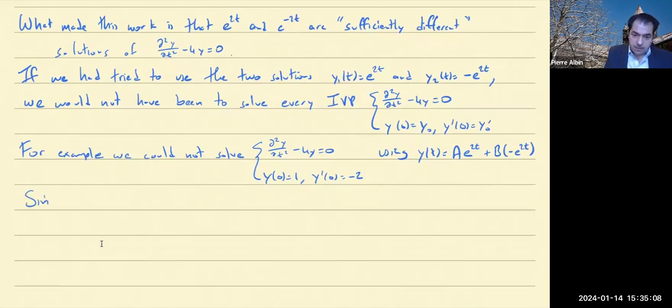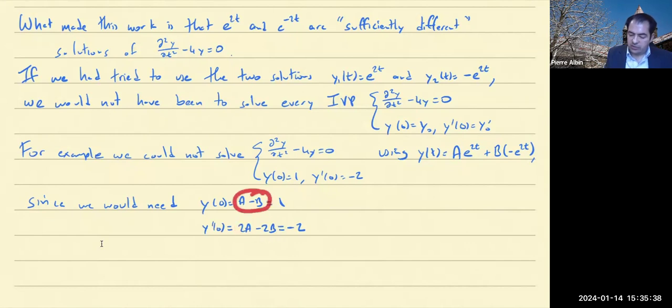Since we would need y of 0 is A minus B. We'd need that to be 1, and y prime of 0, which is 2A minus 2B, would have to be -2, right? But notice that this left-hand side is just 2 times this left-hand side, right? So if this is equal to 1, there's no way this can be -2.